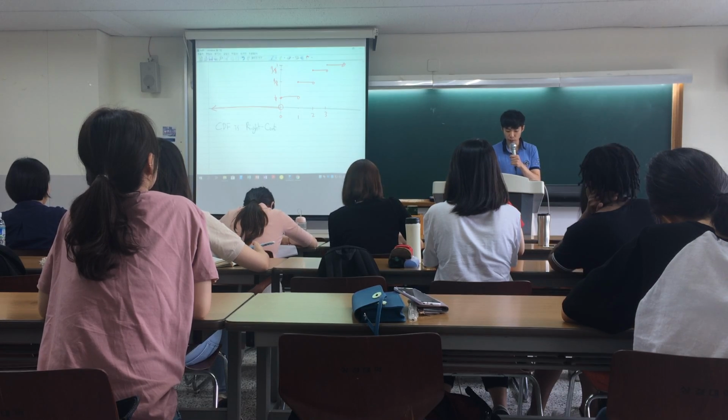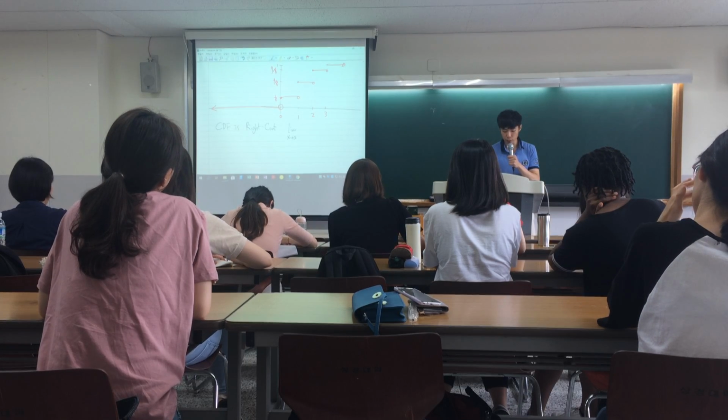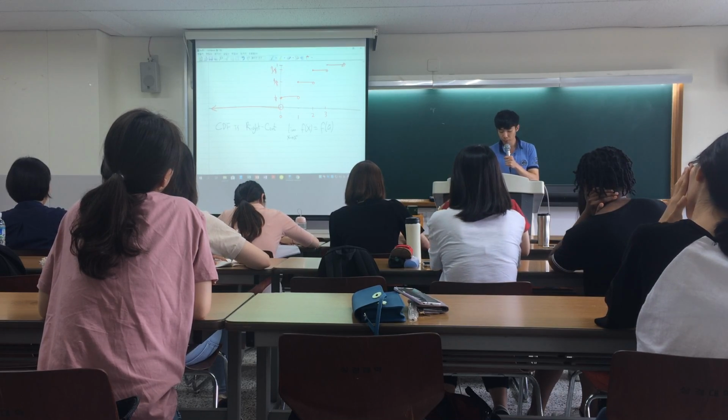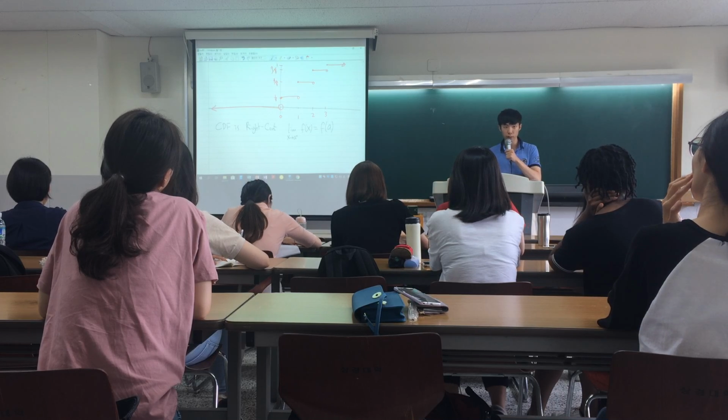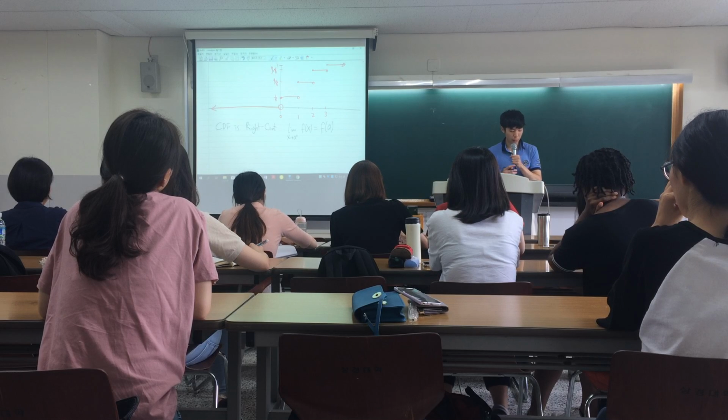Right continuous means the limit as x approaches the value from the right side is going to be the value there. But it's not left continuous. It doesn't have to be left continuous. Okay?